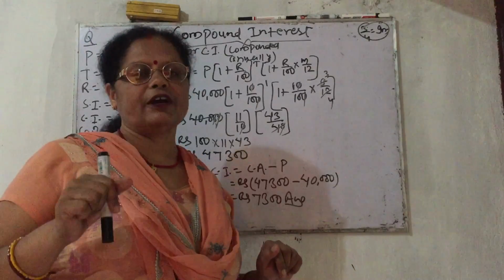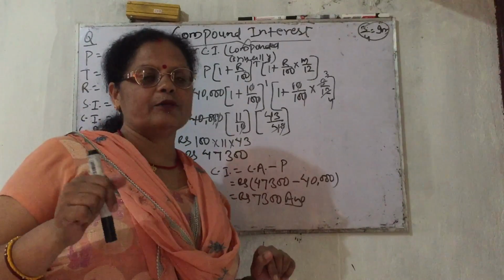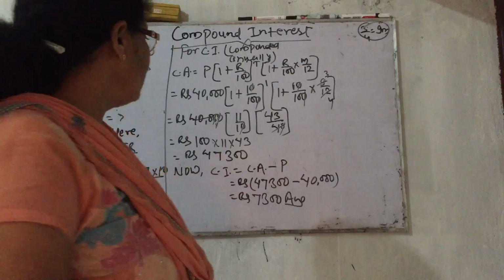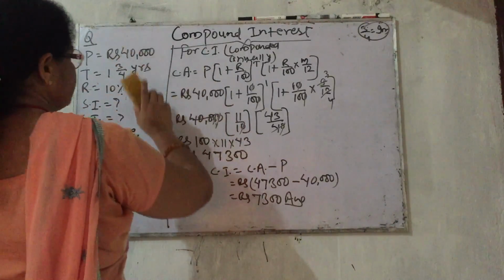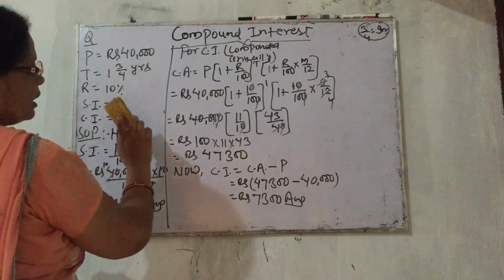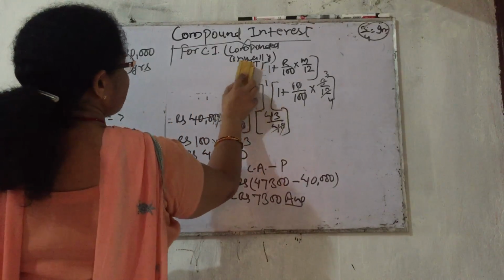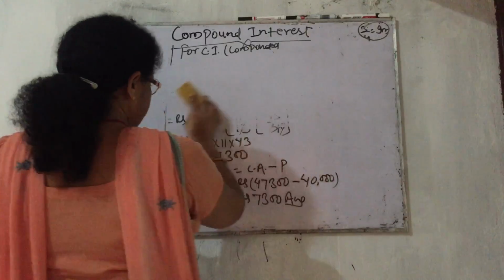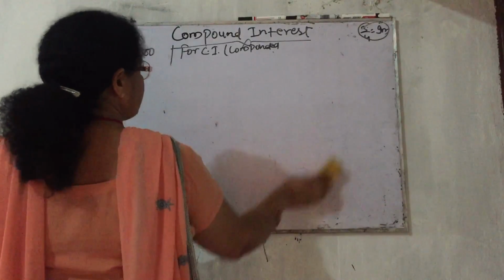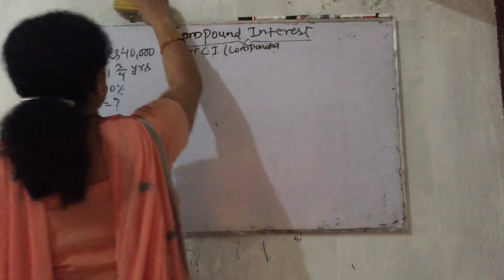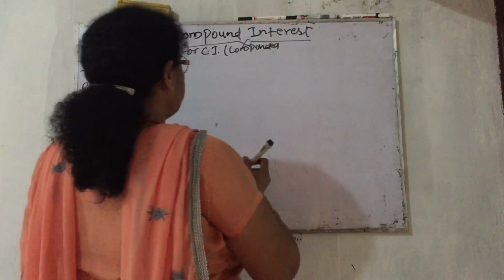Now again we have to find out compound interest compounded semi-annually. Let's see how to find out. I am going to rub this side.